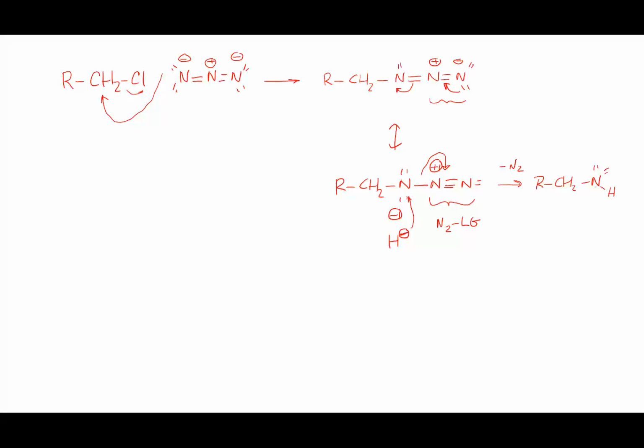And it's still minus 1. And then with my N minus, if I go ahead and eventually add water to this, that N minus is just simply going to deprotonate, so that now I'm going to end up with my primary amine. So I'll use H minus here as the nucleophile.